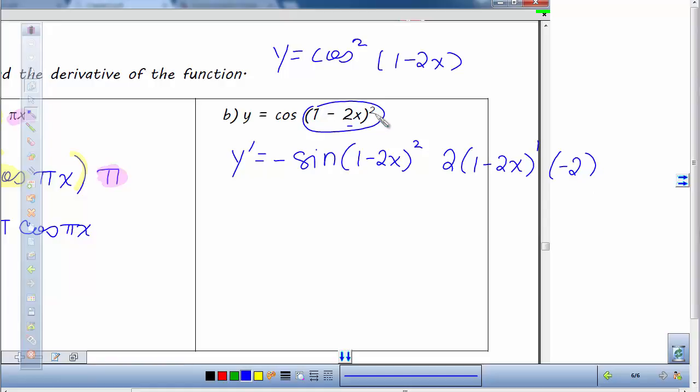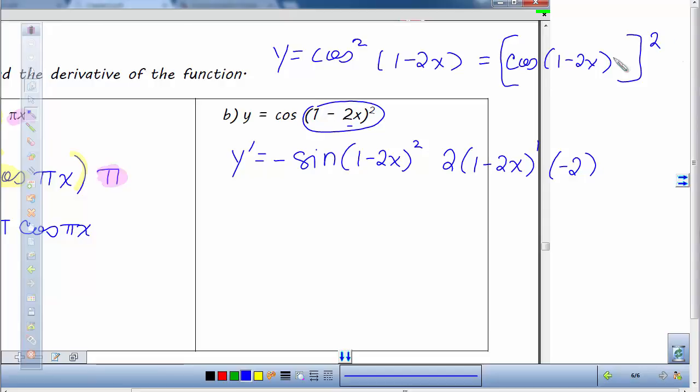Okay, because this is different from this. When I write this, this is the whole thing squared. This is equivalent to saying cosine of 1 minus 2x, squared. So the square is on the cosine.